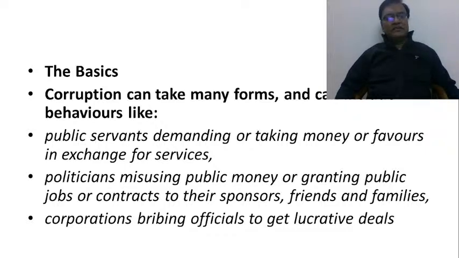As I have mentioned, you take any contract at the state level or at the central level, what you know is that that contract will always have sufficient amount of money reserved for bribes. That is what it is, quite systematic.